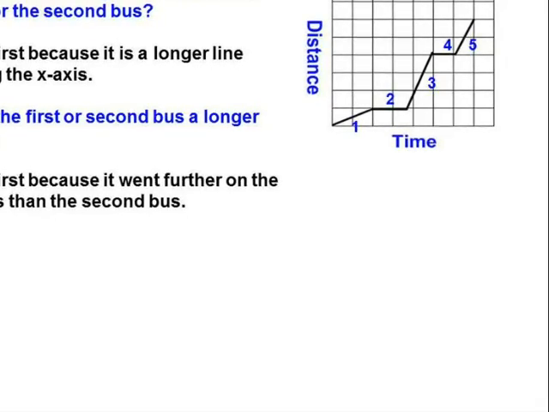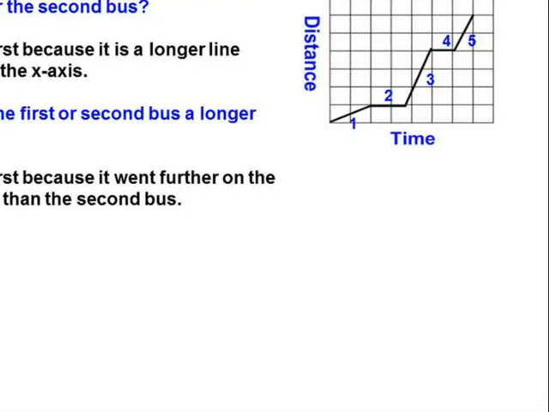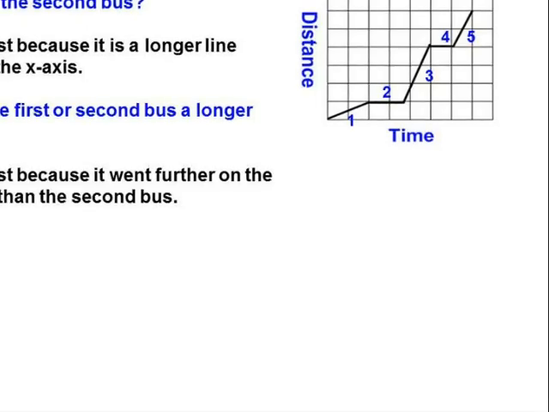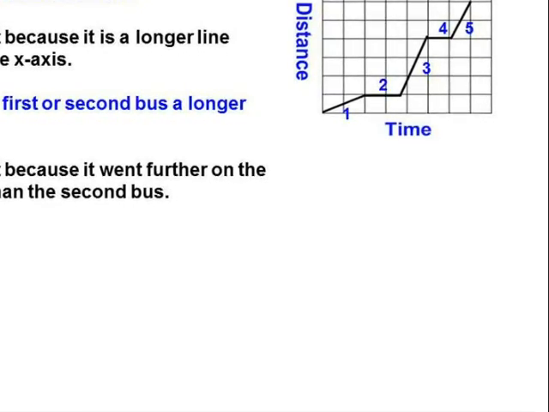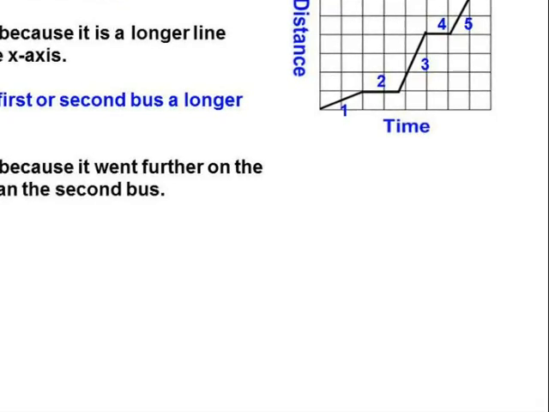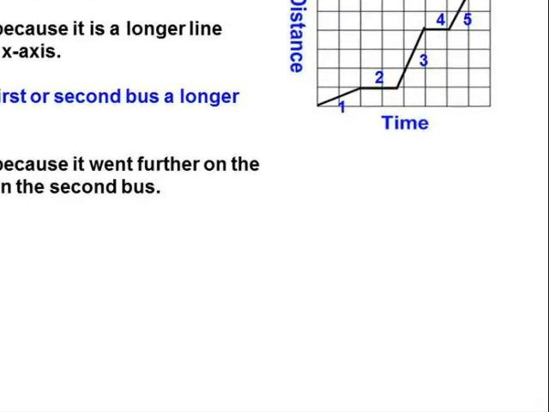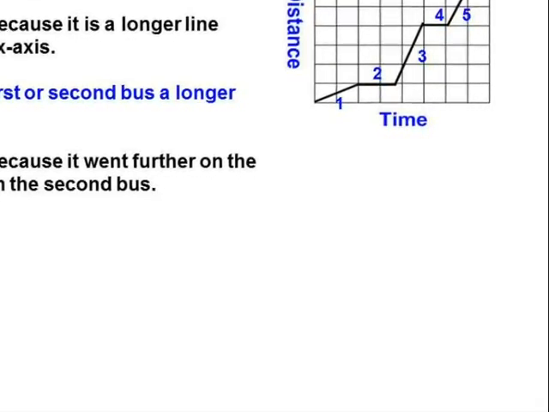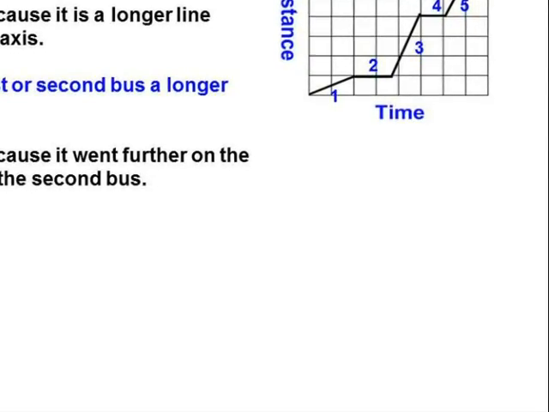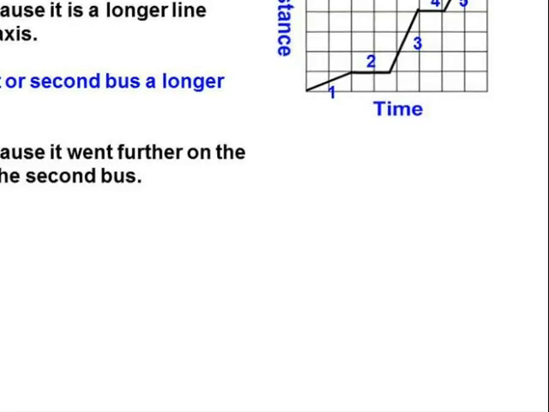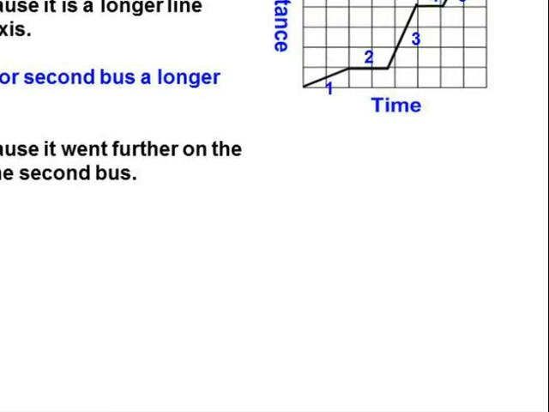Was the first or the second bus a longer trip? Now remember, the first bus is number 3 and the second bus is number 5. Actually, the first bus was a longer trip. As you can see, the y-axis line as it goes up is longer in number 3 than in number 5.